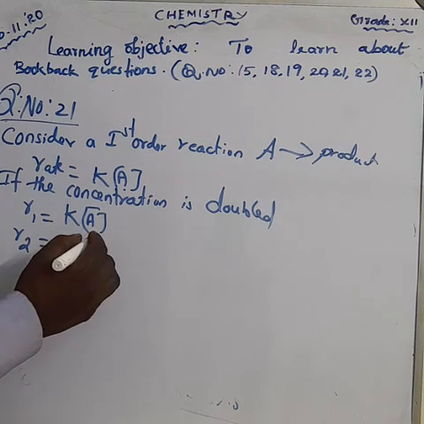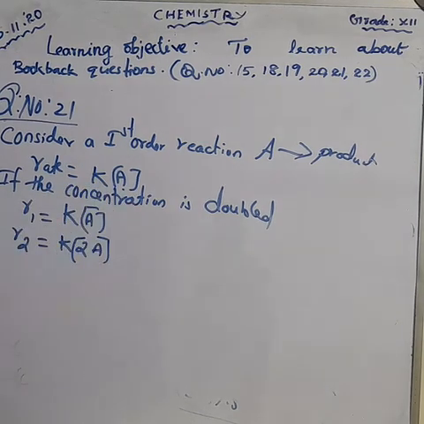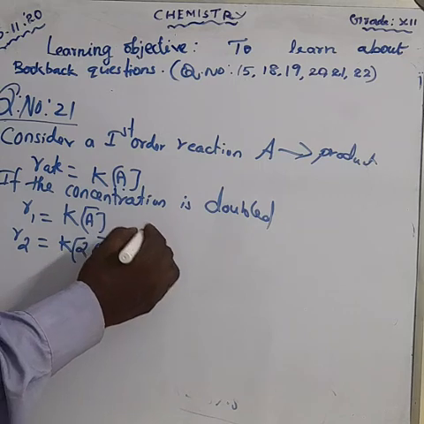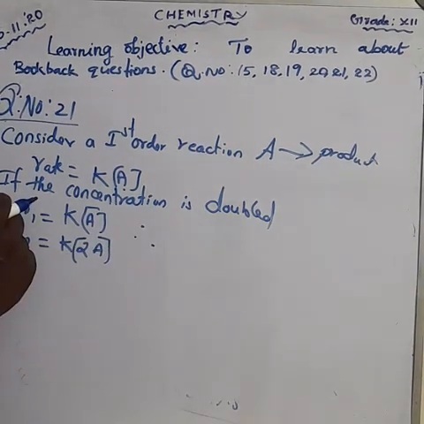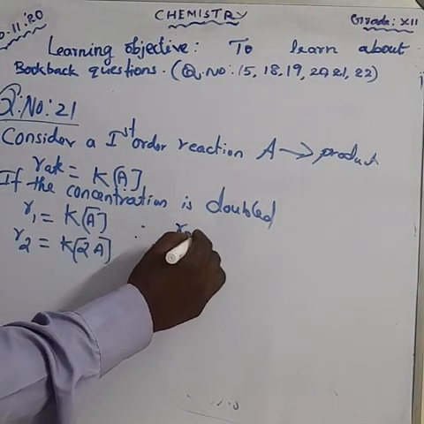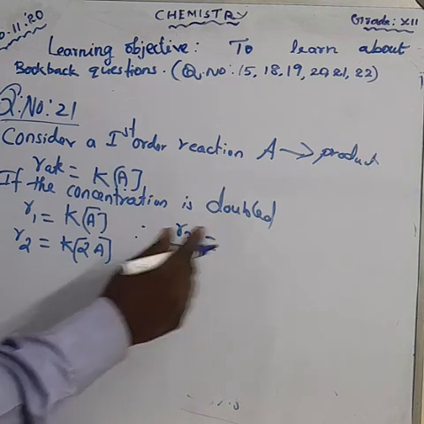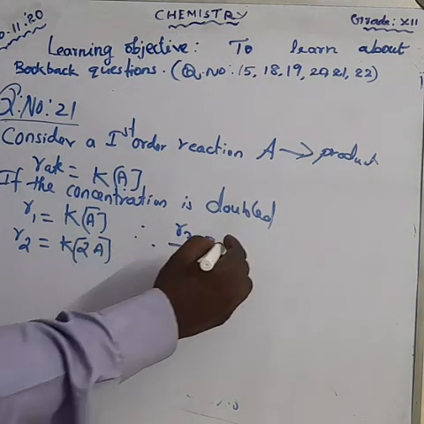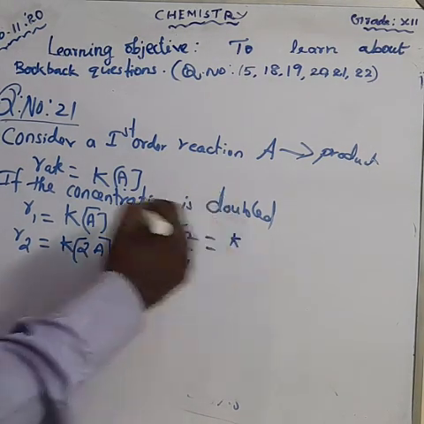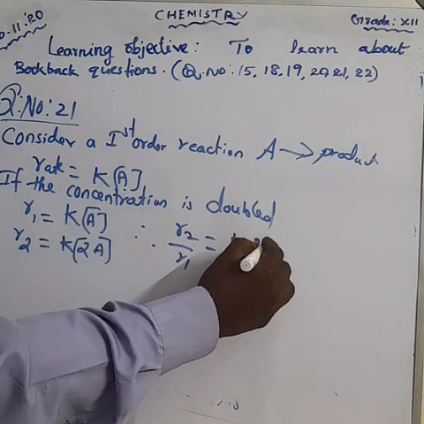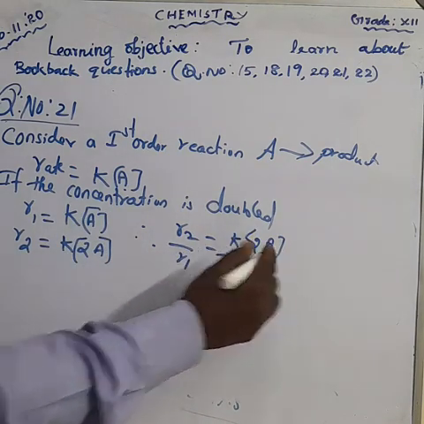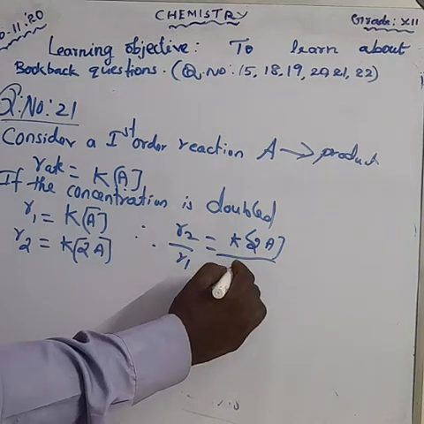Double means 2A. Okay, so we can write R2 by R1. R2 is K into 2A, and R1 is KA.